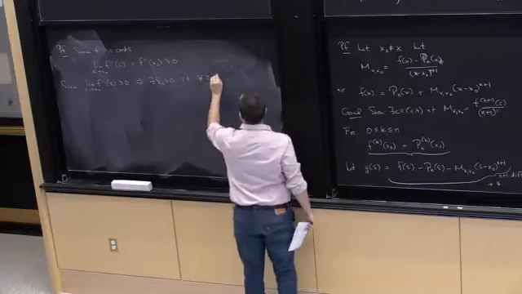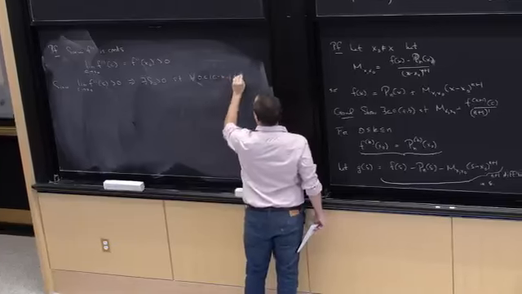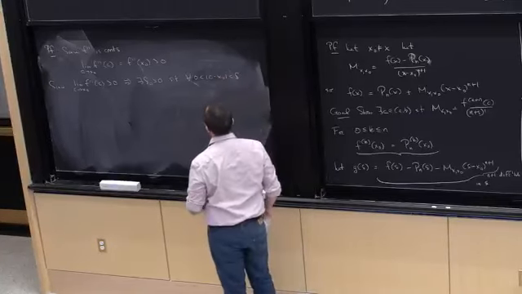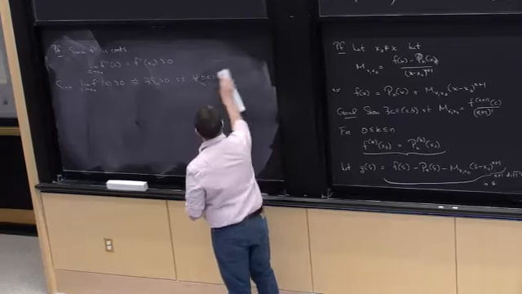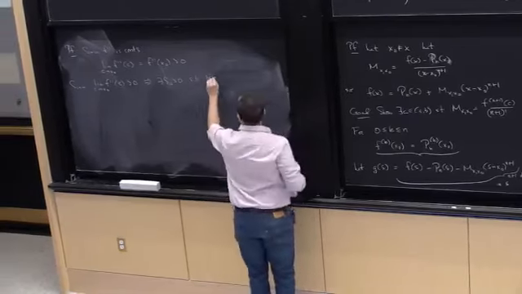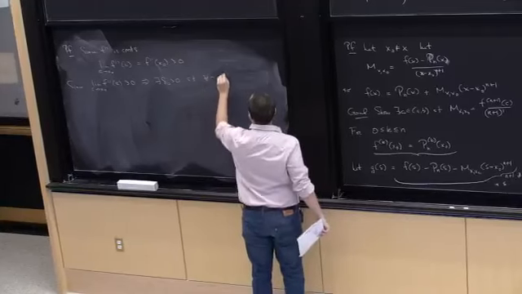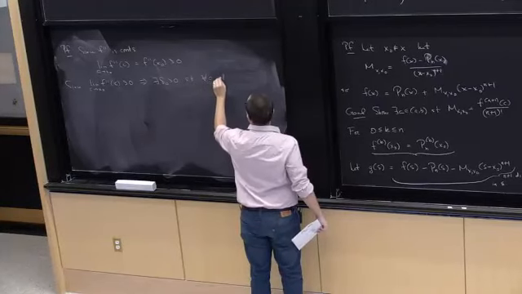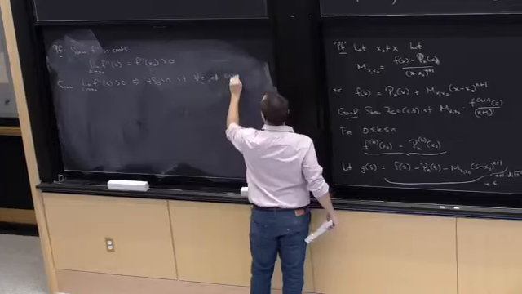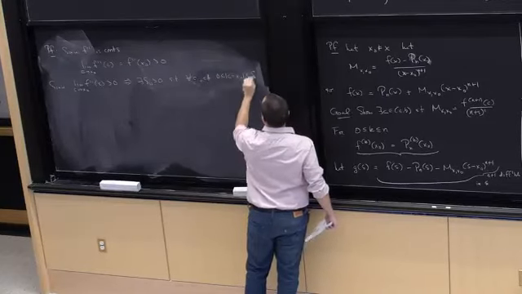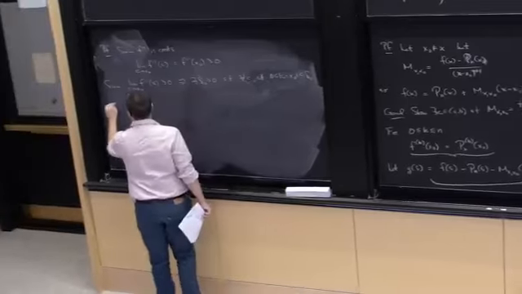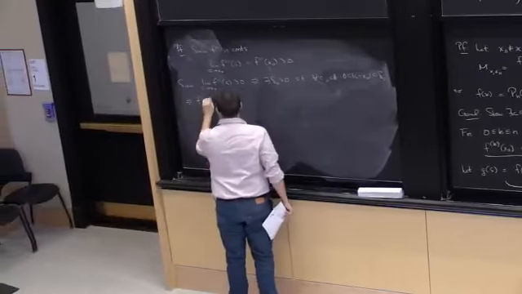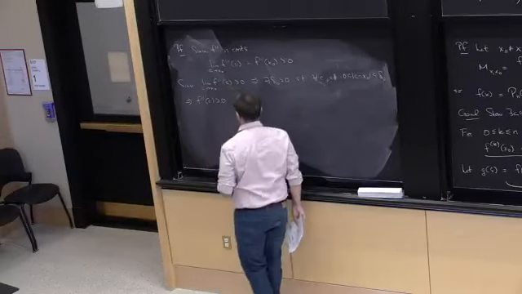Let me see. There exists delta 0 positive such that for all c satisfying that, we get that f prime of c is positive, right?